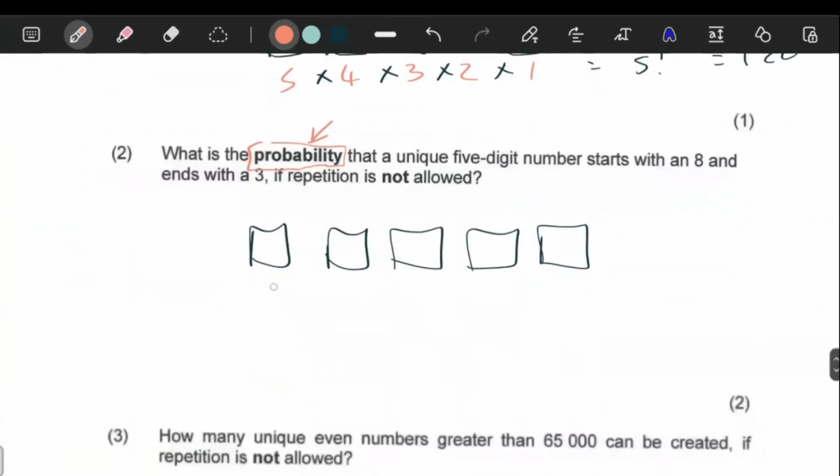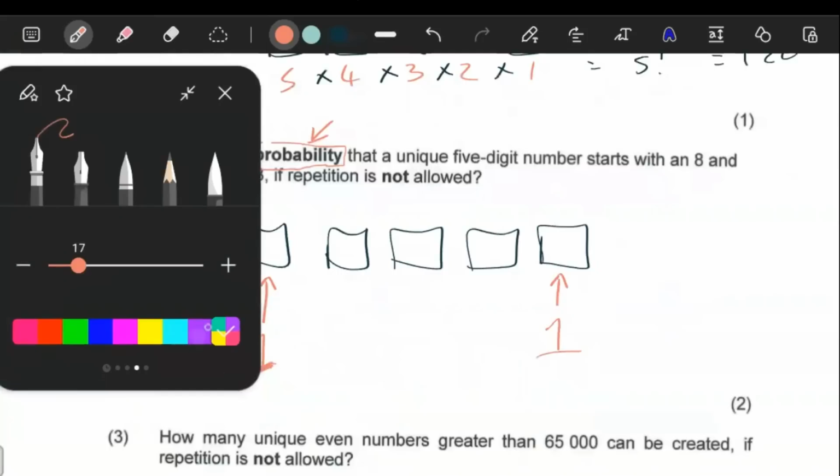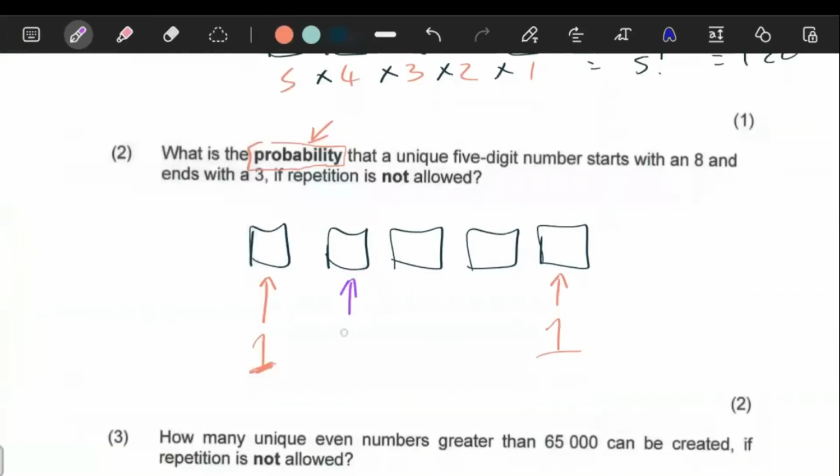So in the beginning here, if there's supposed to be an 8, there's obviously only one option for the front. For the back, if there's supposed to be a 3, there's only one option for the back. You have used up 2 numbers, meaning here you're only left with 3 options. Once you put 1 here, you're left with 2 options for this one, and once you put 1 there, you're left with 1 option for that one.